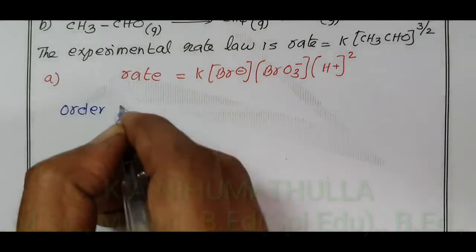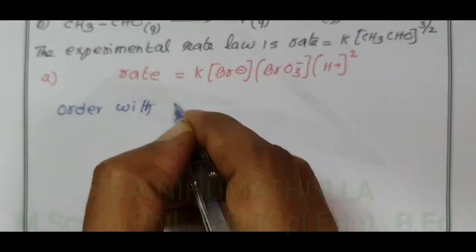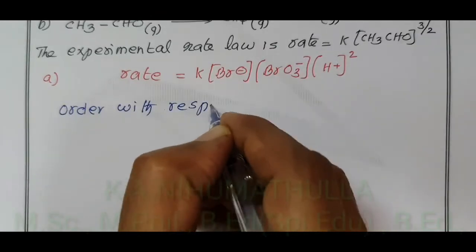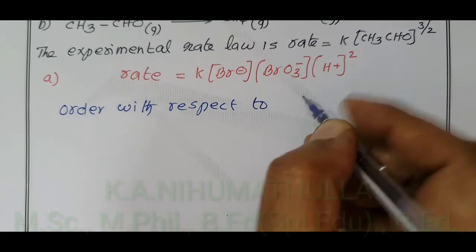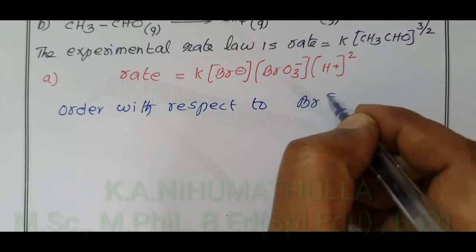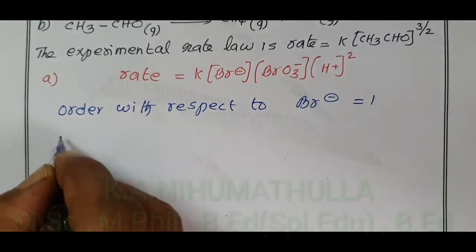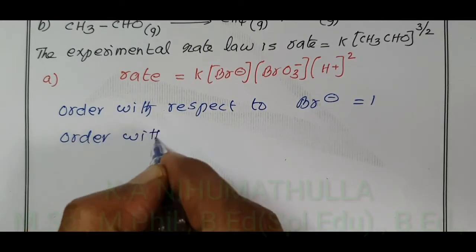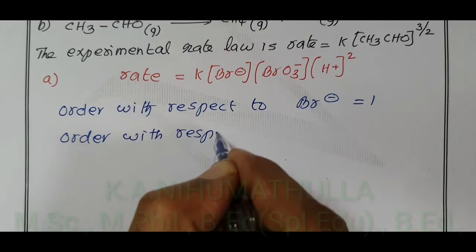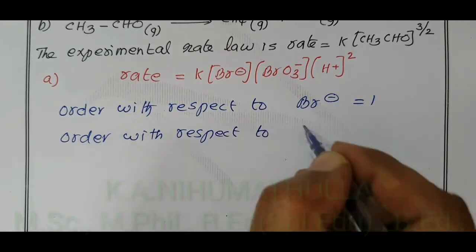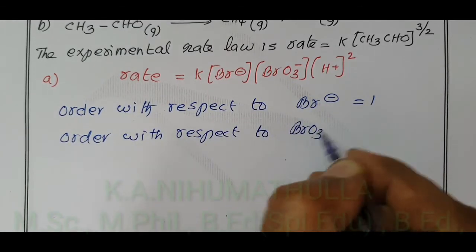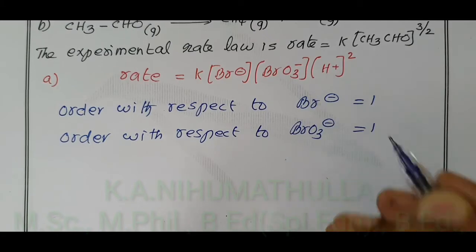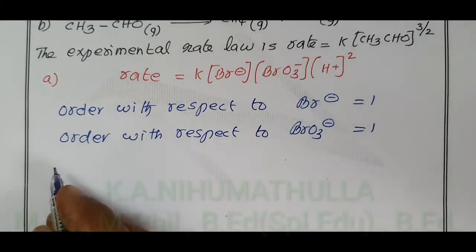Order with respect to the first reactant, Br minus, is equal to 1. Order with respect to the second reactant, BrO3 minus, is 1, power 1.